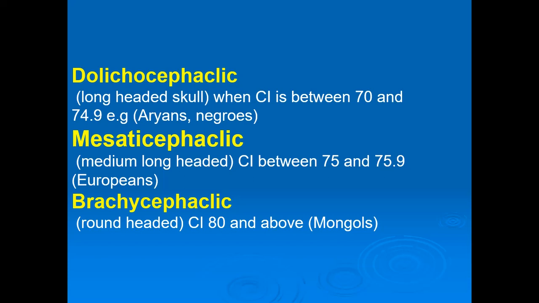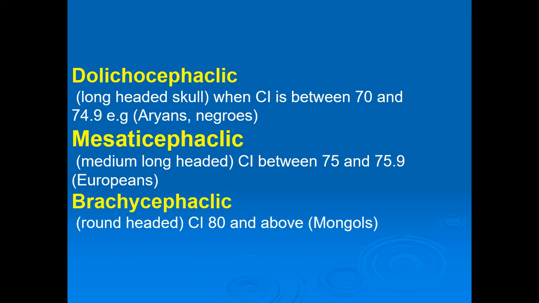Naturally, if anteroposterior length is more and transverse breadth is less, then the cephalic index will be less. So their cephalic index ranges between 70 and 74.9. Examples are Negroes and Aryans.